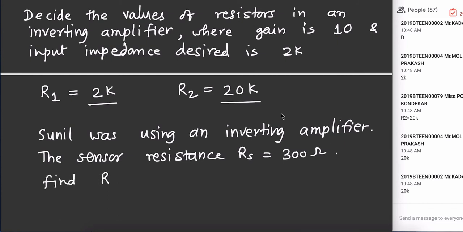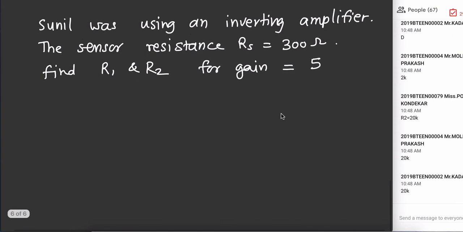Find R1 and R2 for gain equal to 5. Right, this is one more way of asking the same thing. Let us see how to attempt this.